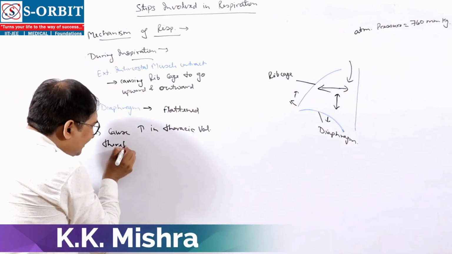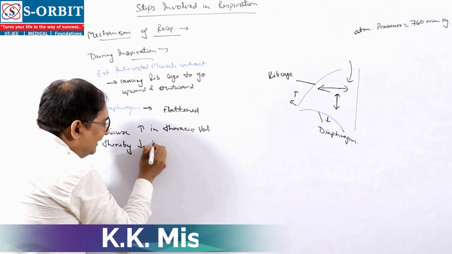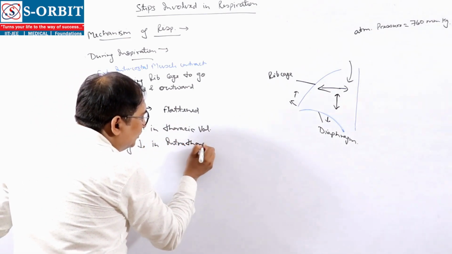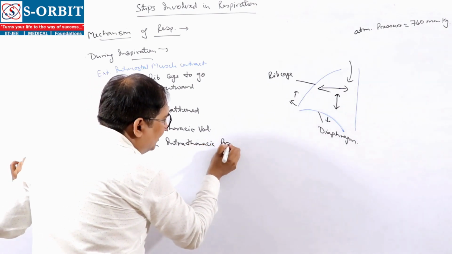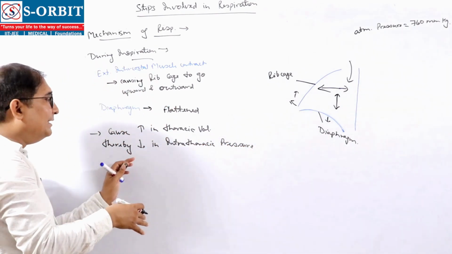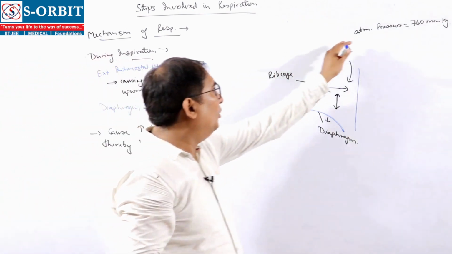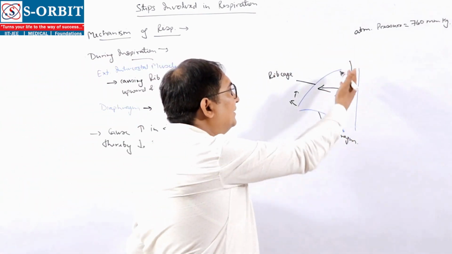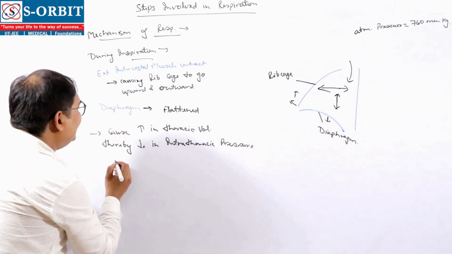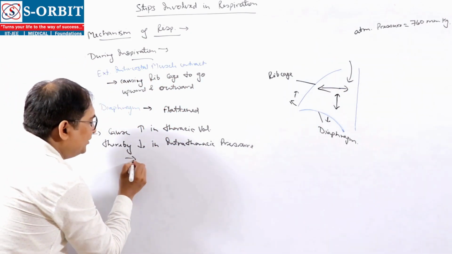Thereby a decrease in intrathoracic pressure. As the intrathoracic pressure decreases below the atmospheric pressure, the air is breathed in or inhaled. This is the mechanism of inspiration.